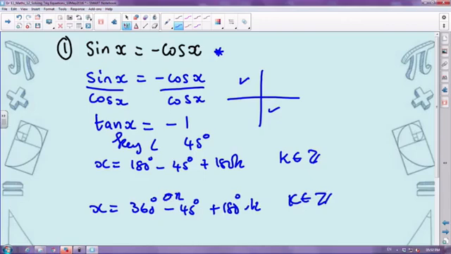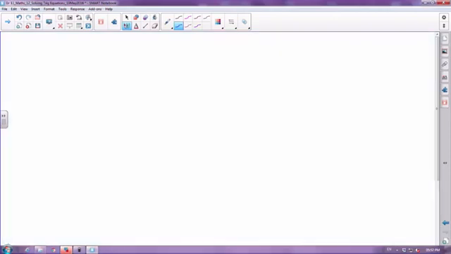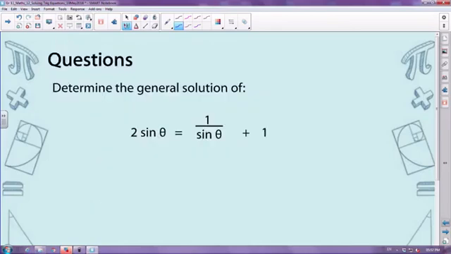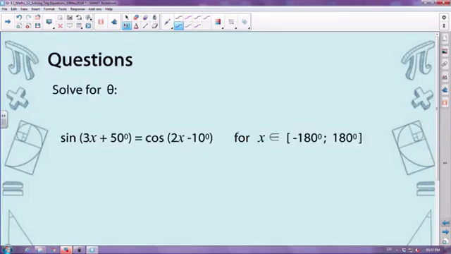And then from there you simplify, x is that. Now, how about C? All right? Now, if we get a more complicated one, I want you guys to try this one.